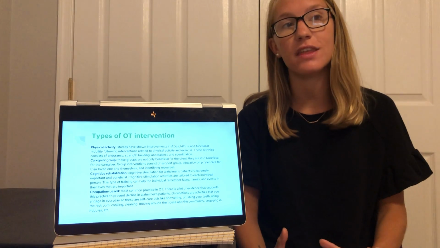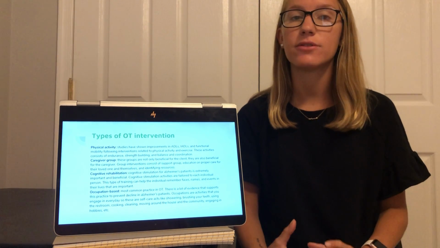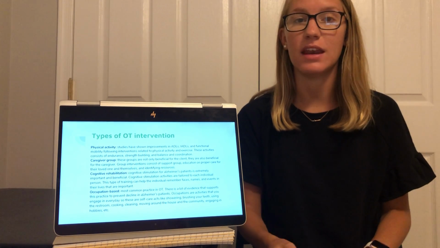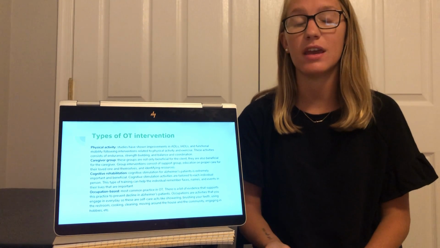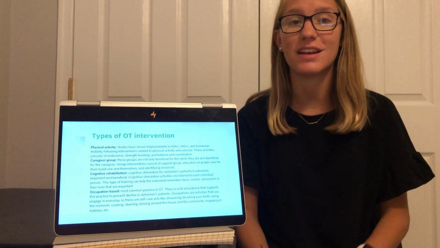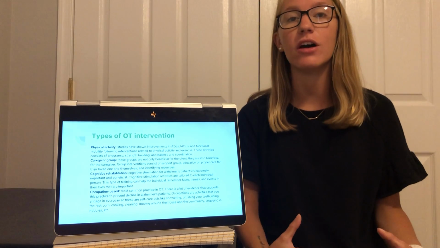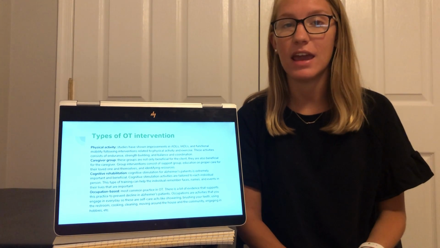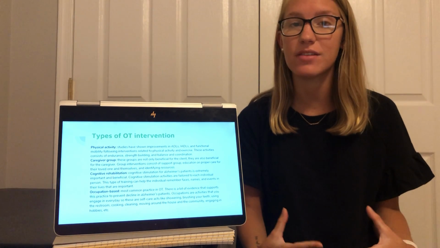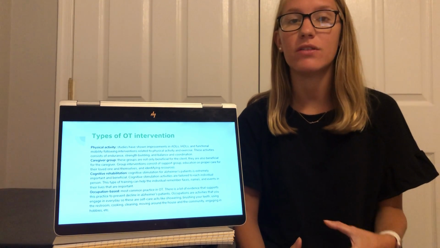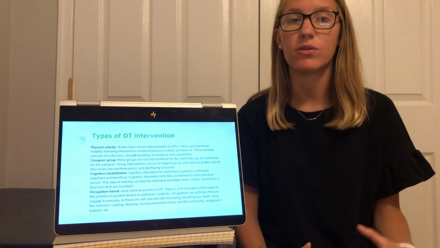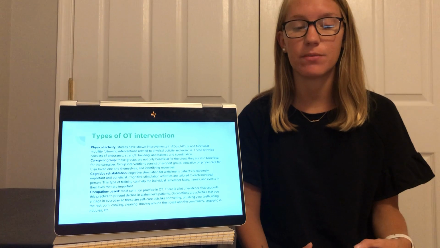In turn, this helps the individual perform ADLs and IADLs, so activities of daily living and instrumental activities of daily living. These are things like bathing, strength to lift different equipment in the kitchen so they can cook, balance so that they can put their pant legs onto their feet. Different things like that. As we work on physical interventions, they in turn are able to perform those activities.